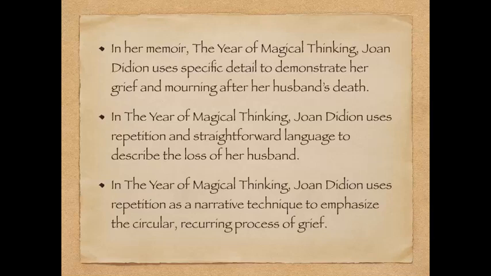This student was claiming that Didion's choice of using so many repetitive ideas, images, and moments was a way to help the reader also feel that whirlpool, that trap that you can get in when you're going through the grieving process.